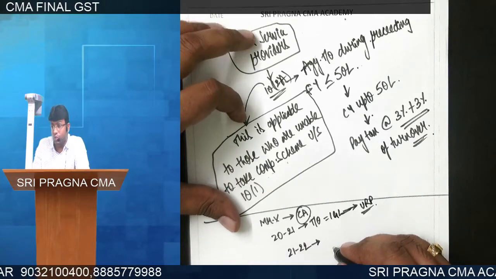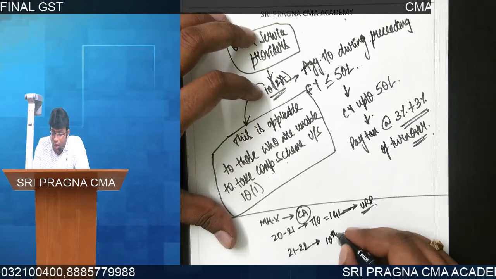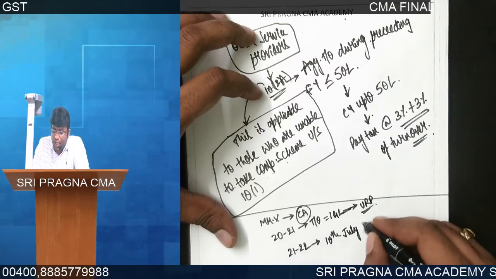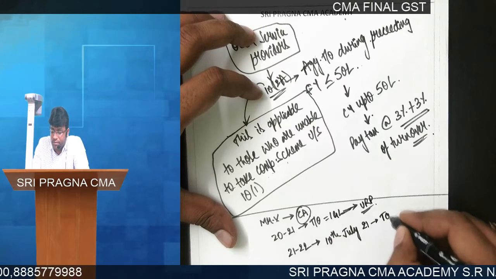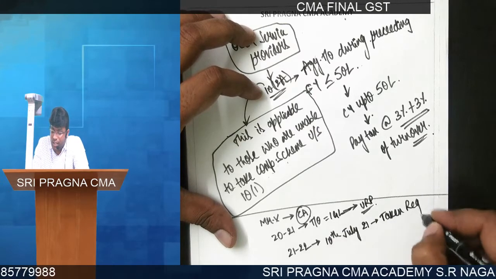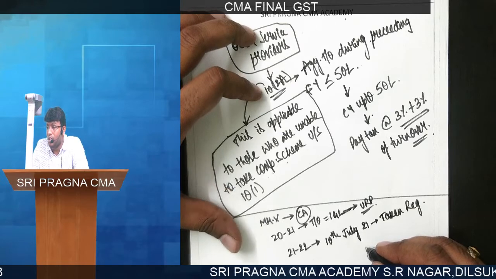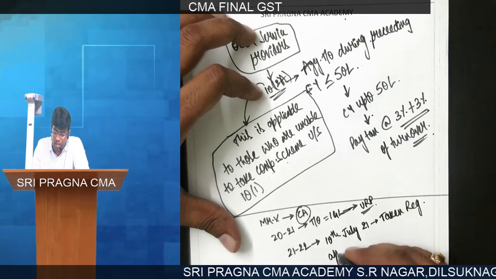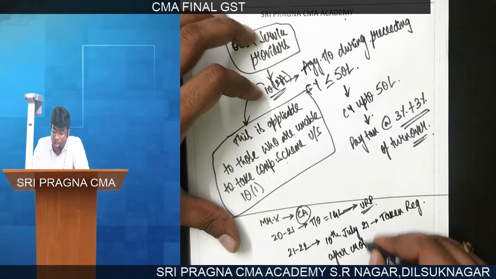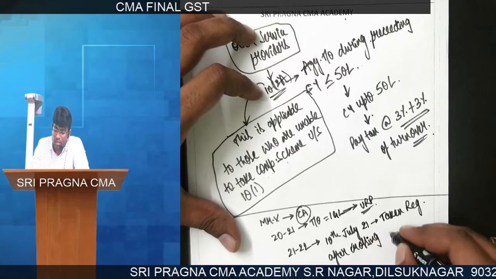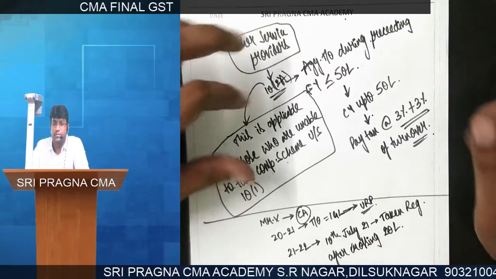In 21-22, on 10th July 21, he has taken registration after crossing 20 lakhs.